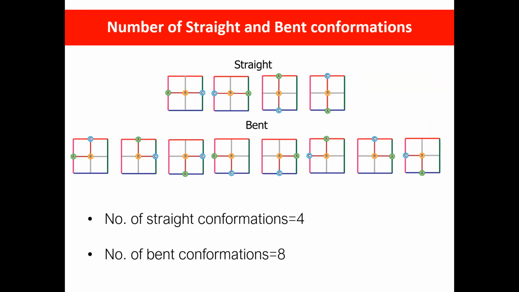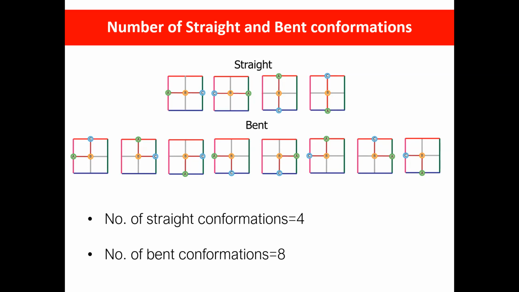The energy of each of these straight state configurations is equal to 0, and the energy of the protein in each of these bent states is equal to A, right? So if I take the average of the energy for the straight macroscopic state, the average energy will be equal to 0, because all 4 configurations have energy 0.